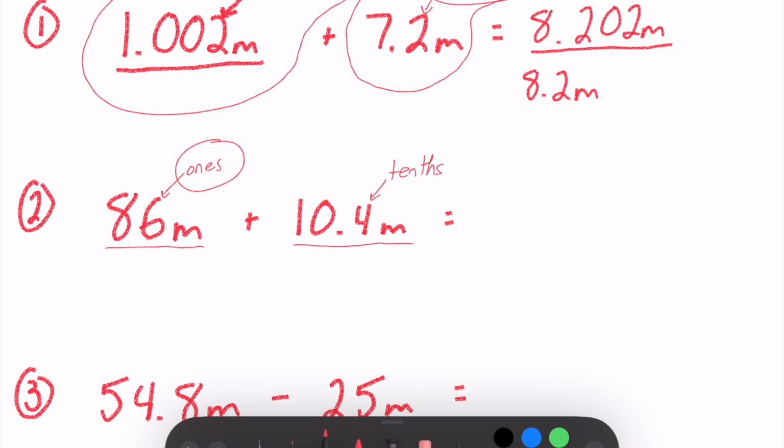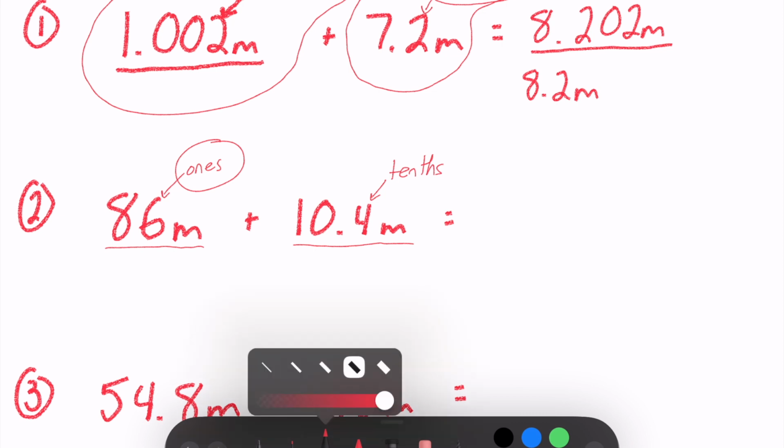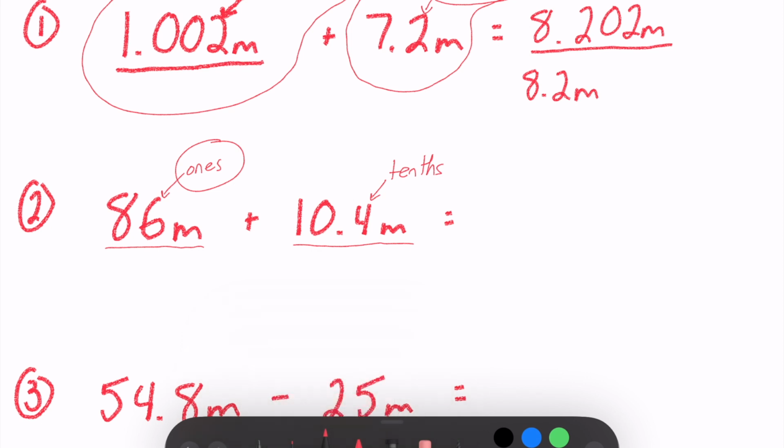If you type 86 meters plus 10.4 meters into a calculator, you should get an answer of 96.4 meters.